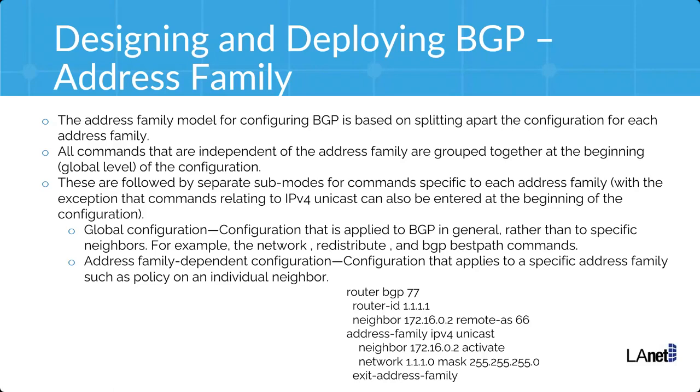It could also be for different VRFs, which is my more common use case, but that's because I do a lot of cloud networking. You could have an address family per VRF. And then you could set your policy if you need to redistribute between those VRFs in some way or something like that.